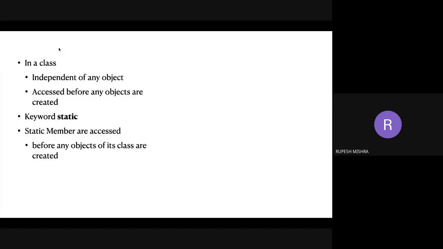Since before creating any object we create the class, these variables exist before creation of any object of that particular class, and we can access those variables without any reference of an object.